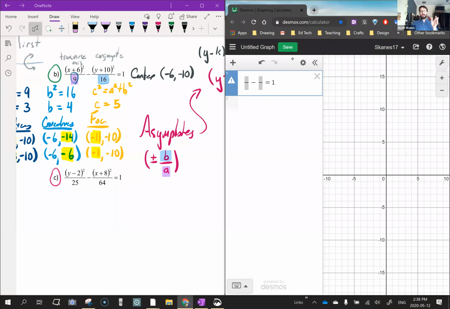Before I forget, I need to remind you here. How do we know that this was a hyperbola in the first place? How do we know it's not an ellipse? It all comes down to this sign in the middle. For an ellipse, the sign between them is positive. For a hyperbola, the sign between them is negative. The x and y stuff is still squared.